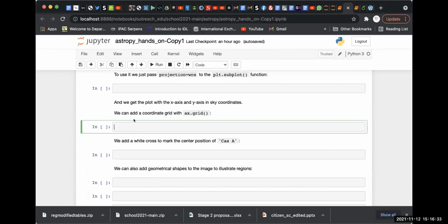Another important thing, if you'll remember, we did subplots, right? So I can also define what I call axis. We did it when we did matplotlib. So I can put axis subplot, right? And here you see there is a thing of projection, and let me say this is WCS.